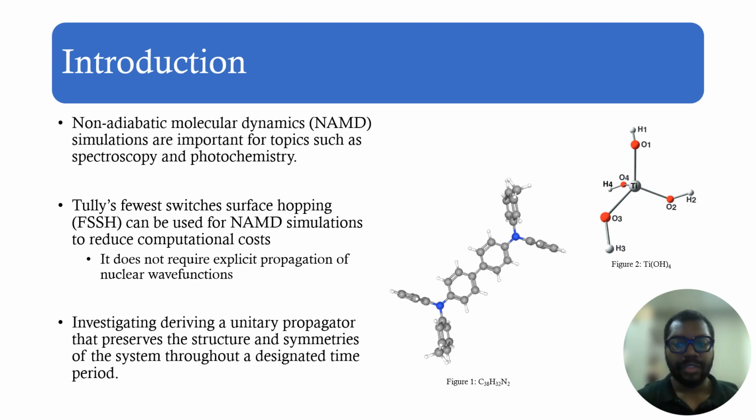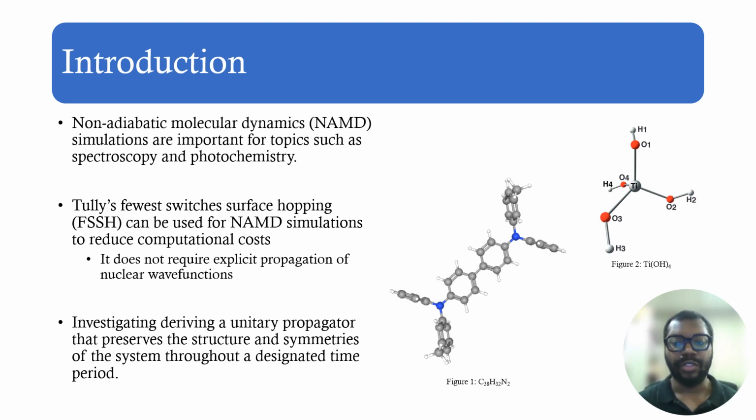So NAMMD is characterized by requiring explicit time integration of the Schrodinger equation for nuclei and electrons. However, methods such as Tully's fewest switches surface hopping can be used to reduce the computational cost of NAMMD simulations because this does not require the explicit time integration of the Schrodinger equation for nuclei.